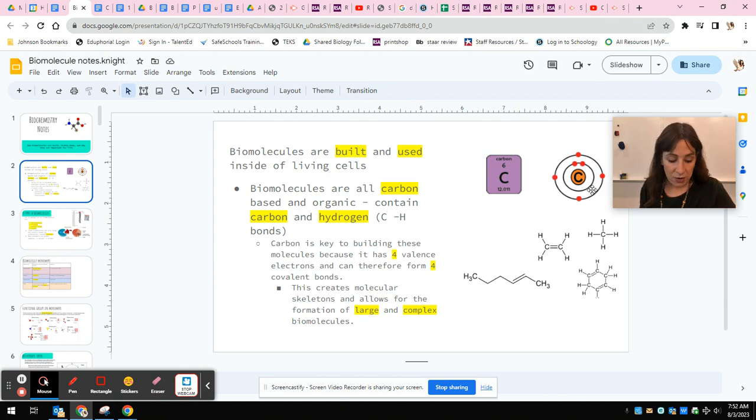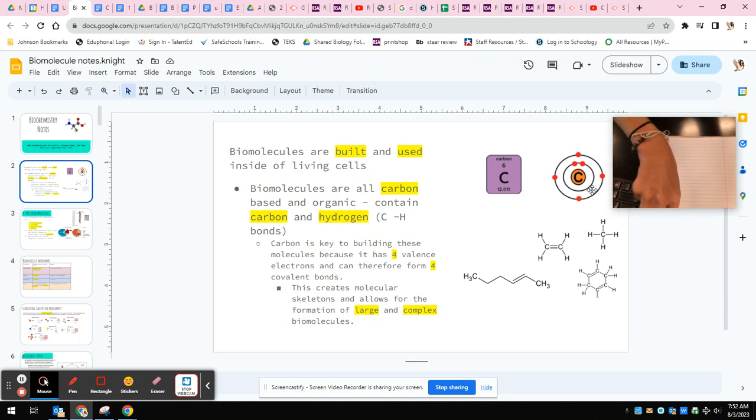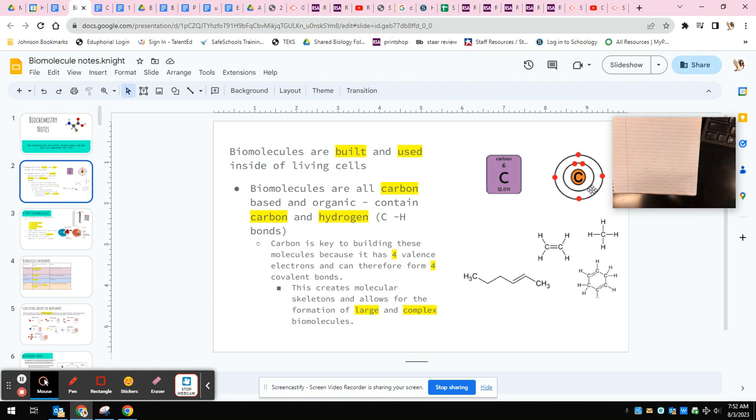And so if I were to show you on the dot cam, here's carbon, and here's its 4 valence electrons. And let's say I want to have a hydrogen here that it bonds with.